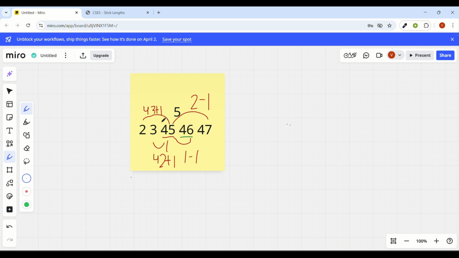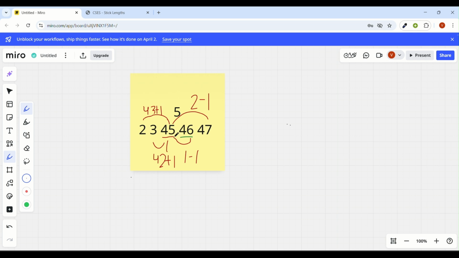What we will do is select the median value, because for the median value, left-hand side values will come to this stick length, and right-hand side values will come to this stick length. But if I try any value other than this median value, what will happen? All the right-hand values need to increment as much as the left-hand side values decrement if I am shifting to the left side. Or if I am shifting to the right side, all my left-hand side values have to increment as much as my right-hand side values are decrementing.